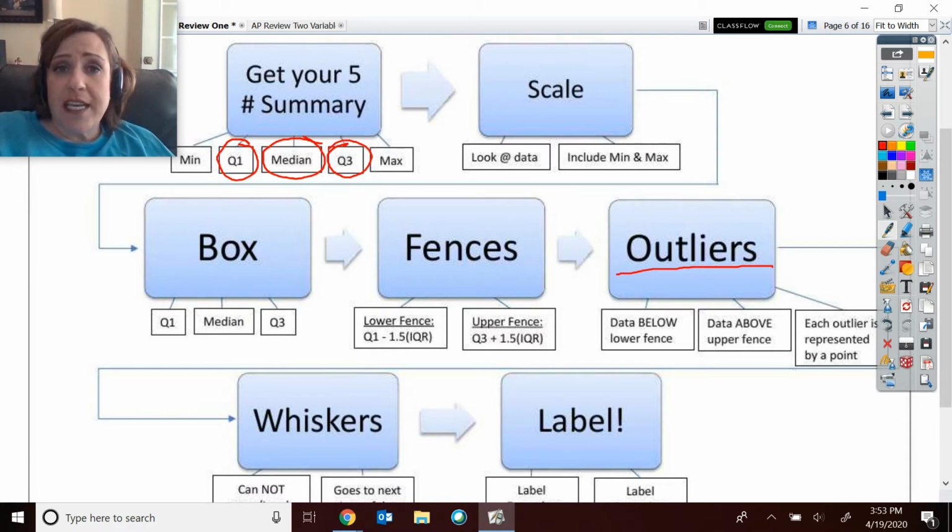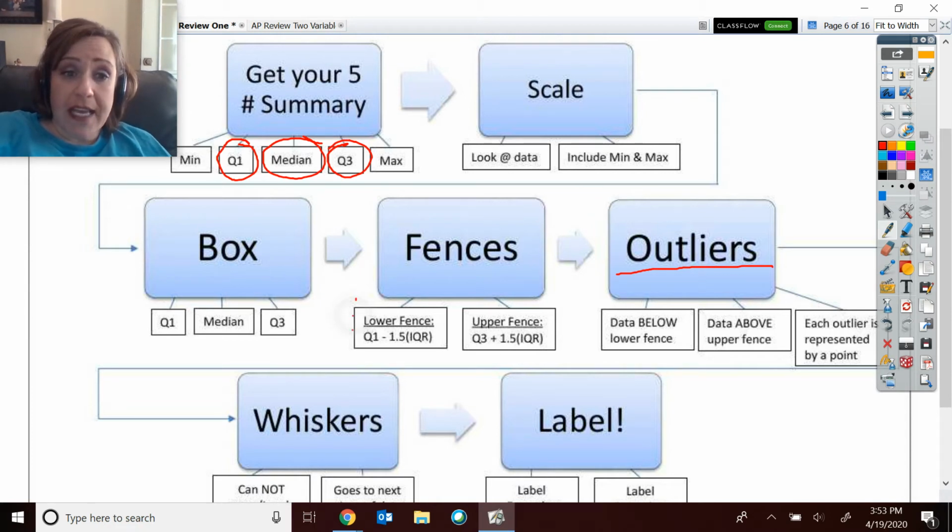You're going to look at your data and see what's the min and the max, so how far do I need to spread my data out, and then you make your scale. You put your box on there, your Q1 to your Q3 with the median in the middle.